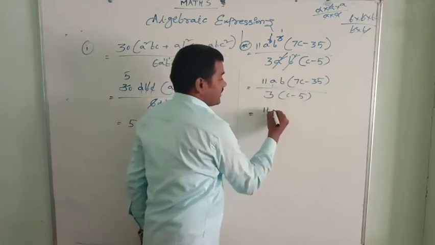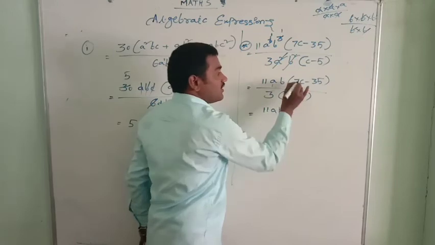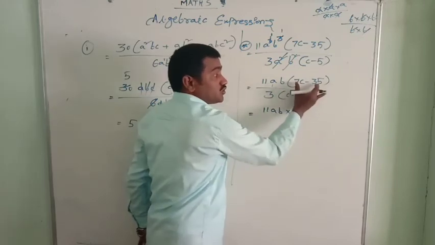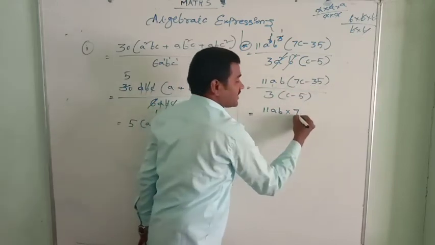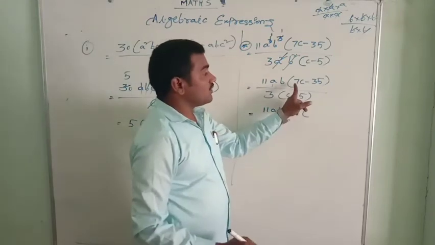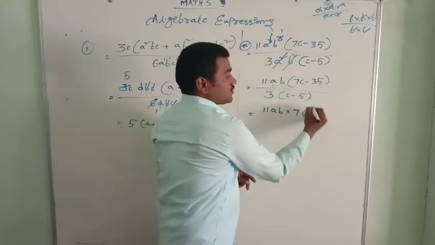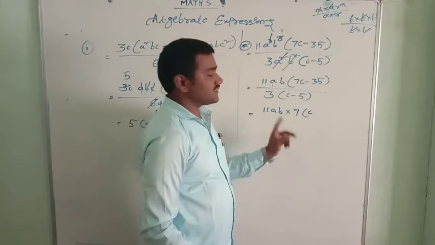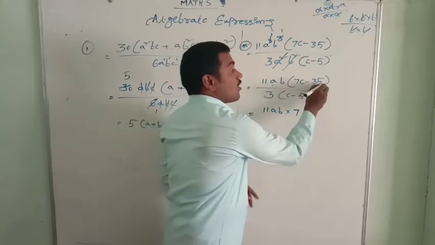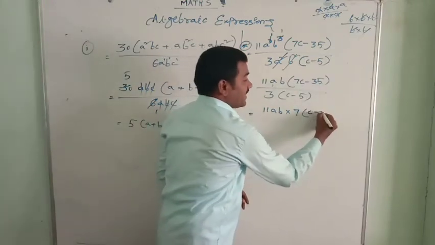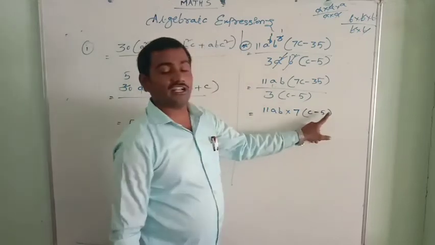Here 11ab as usual into this 7. From these two terms we take out 7 as a common factor. From 7c, 7 went out, so c is left. Now how many 5s in 35? 7 fives. So minus 5. We get c minus 5.